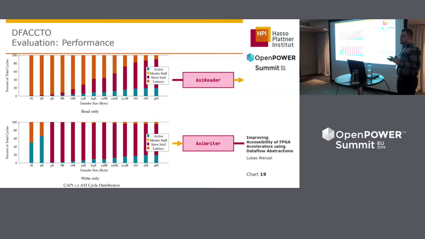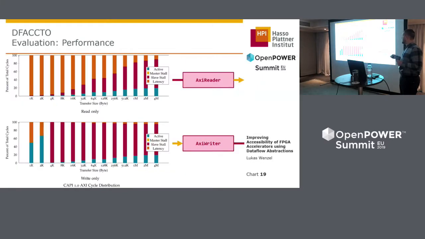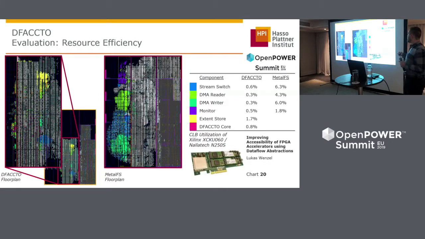Right. The other aspect is not performance, but FPGA resource utilization, because there's this second path of not using a provided abstraction because it is too large to fit on your FPGA together with the design you already built. And there we also have some comparisons, at least. For the DMA reader or writer, which are associated with AXI reader and AXI writer, we just chose a more general term because we had to find some kind of equivalence.